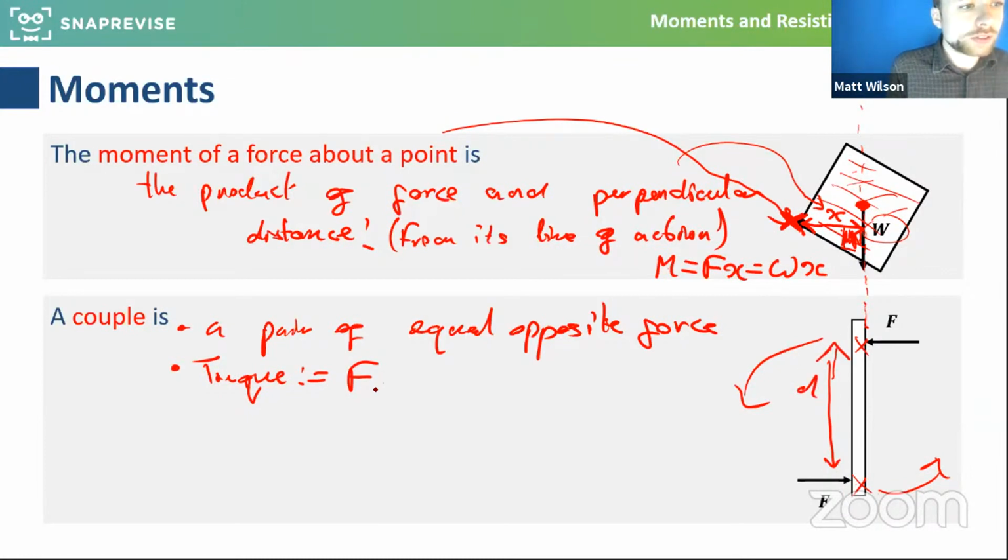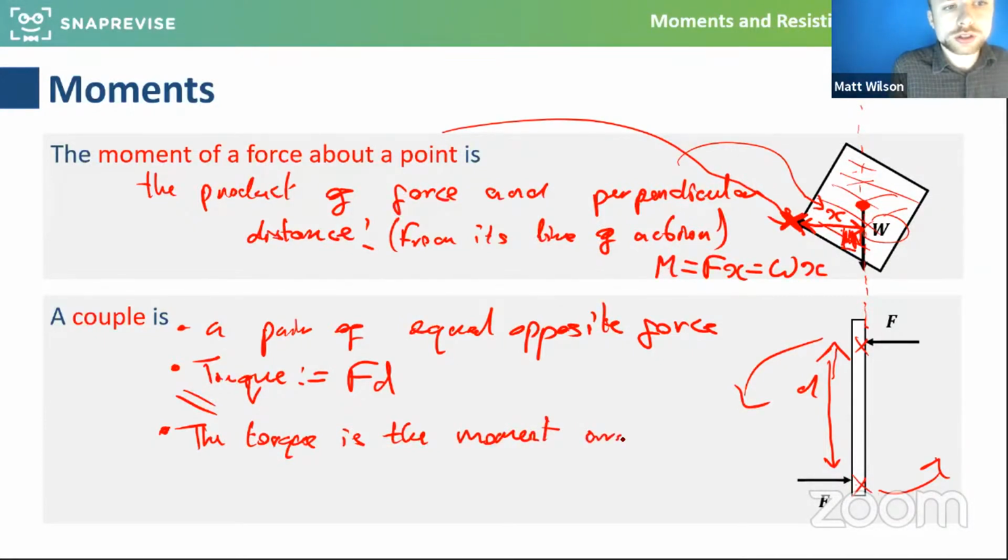This might seem like a weird thing to write down. Essentially the torque is just a fancy word for the moment caused by these forces. So the torque, as we've defined it, is the moment around any point. As an example, imagine we looked at this point in the middle here and we calculated the moment.